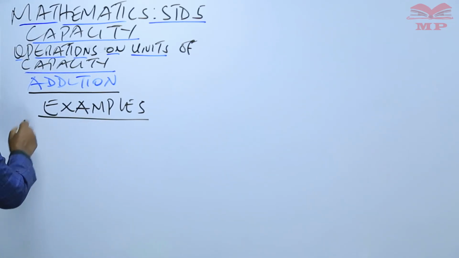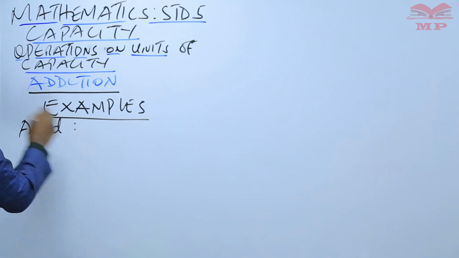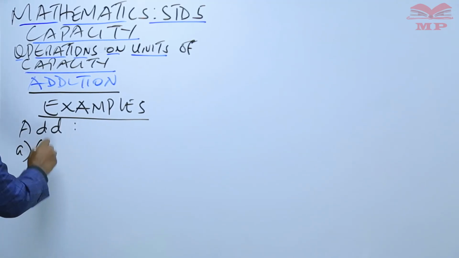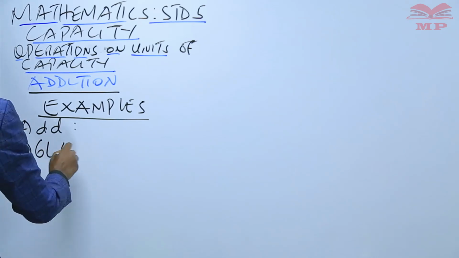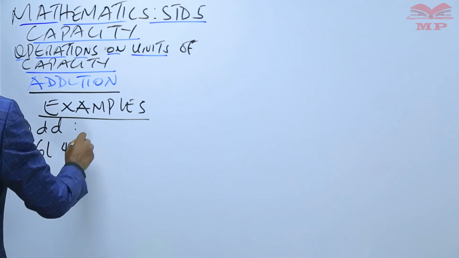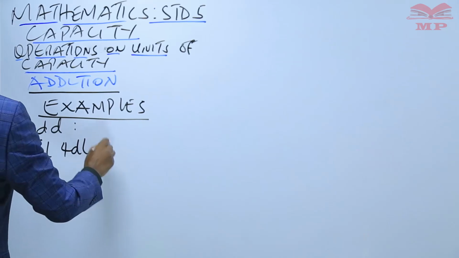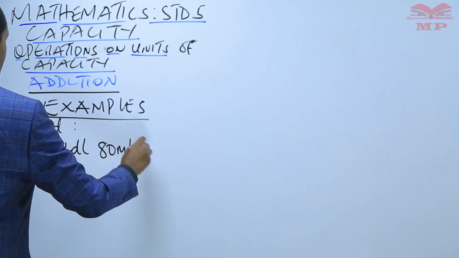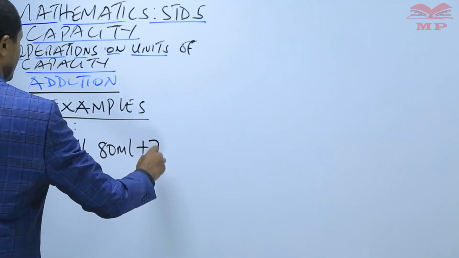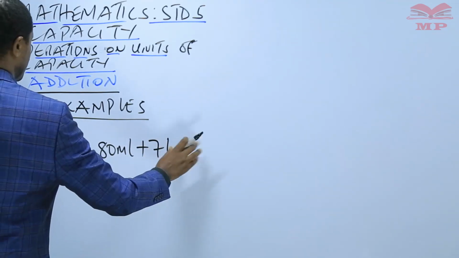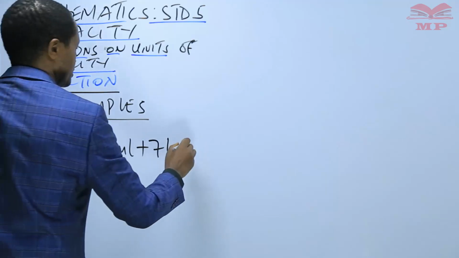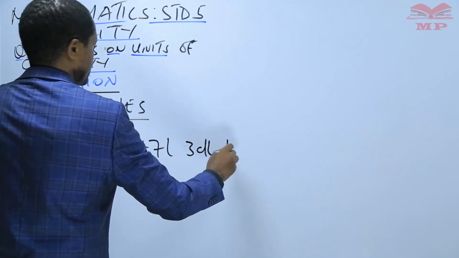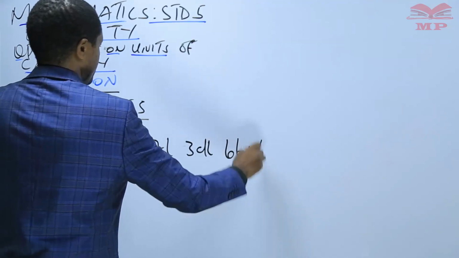Add A: 6 liters, 4 deciliters, 80 milliliters plus 7 liters, 3 deciliters, and 66 milliliters.